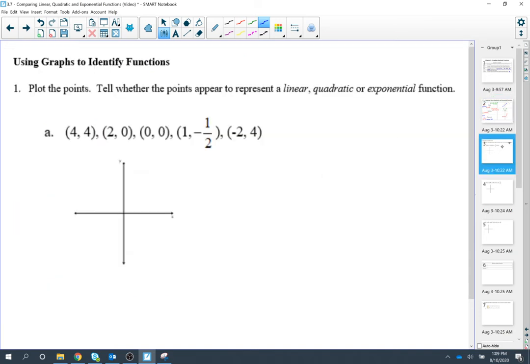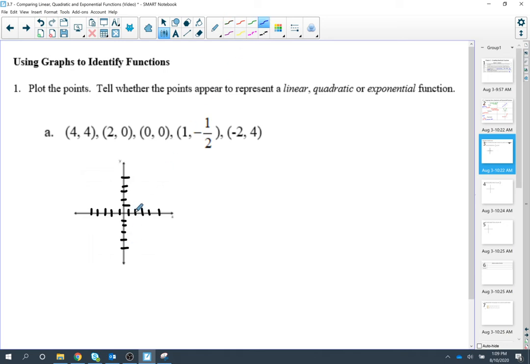Now, our first 3 examples is we're going to use a graph to identify our functions. So number 1, plot the points. Tell whether the points appear to represent a linear, quadratic, or exponential function. So I'm going to take my graph. I'm going to go 1, 2, 3, 4, 5, in each direction.